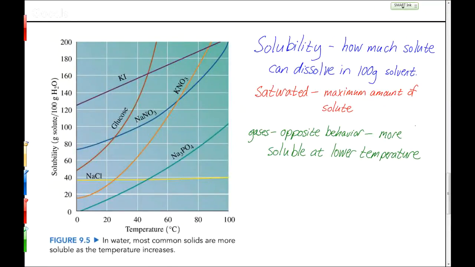Is everybody okay with this? Okay. So that's part of the lab today, measuring the solubility.